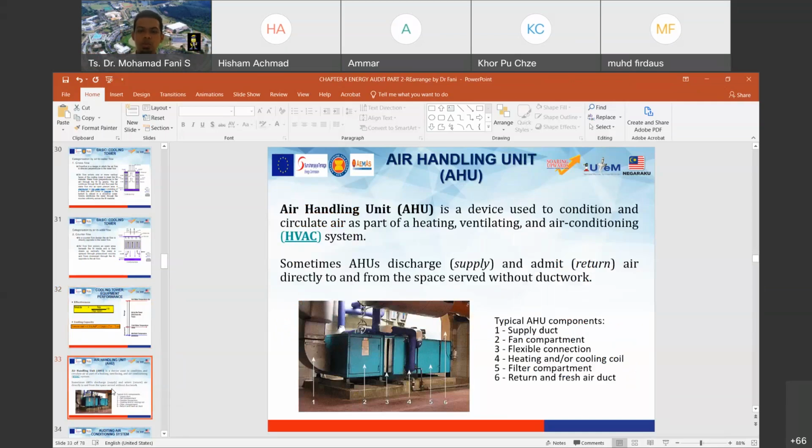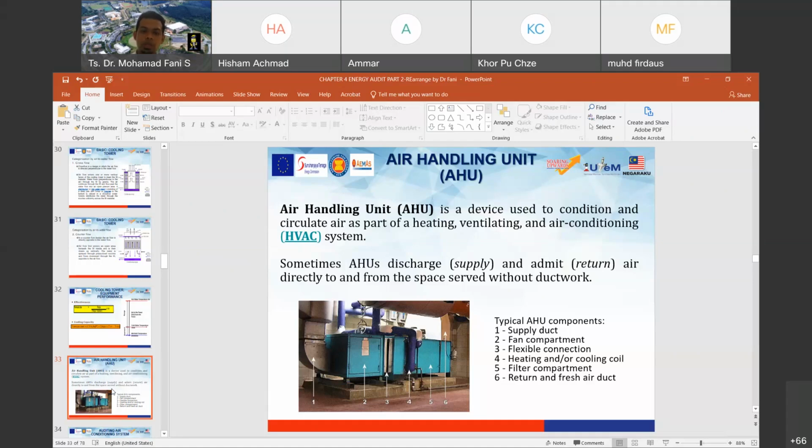So what is the AHU? It is a device used to condition and circulate air as part of the heating, ventilating, or air conditioning HVAC system. In other countries, like in Europe, the US, and the UK, they also consider heating and ventilating systems. That one they call HVAC.